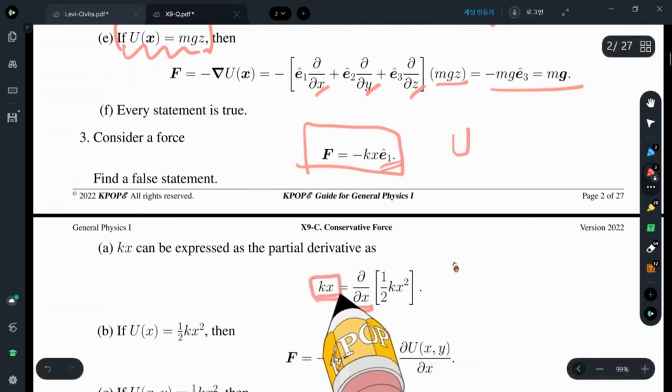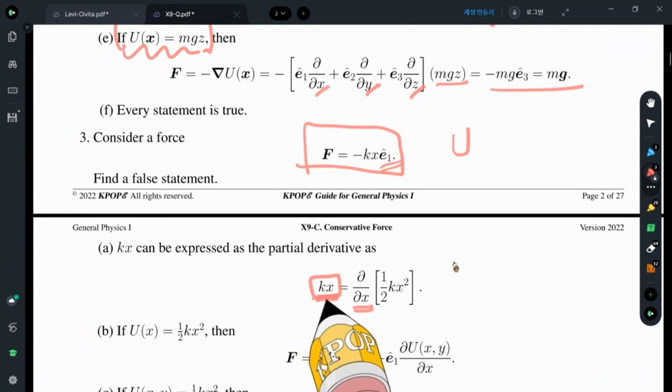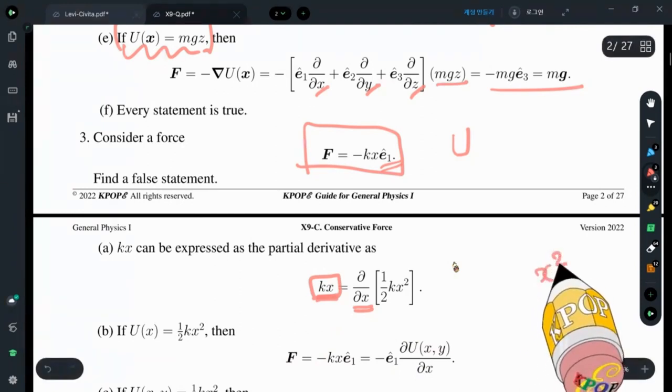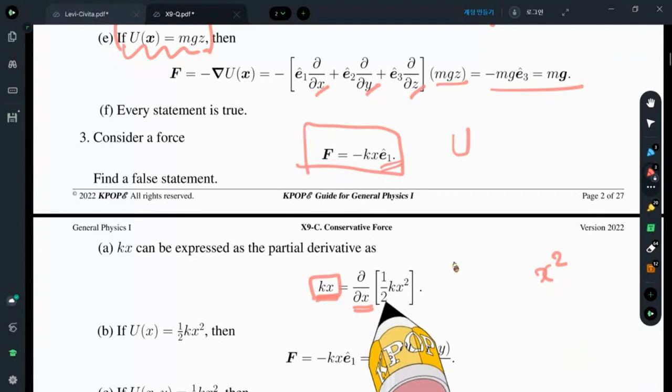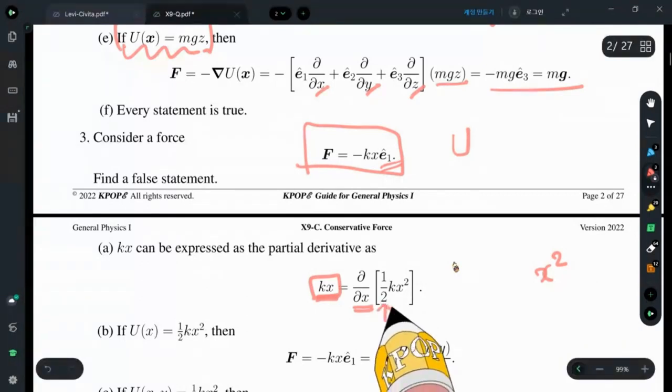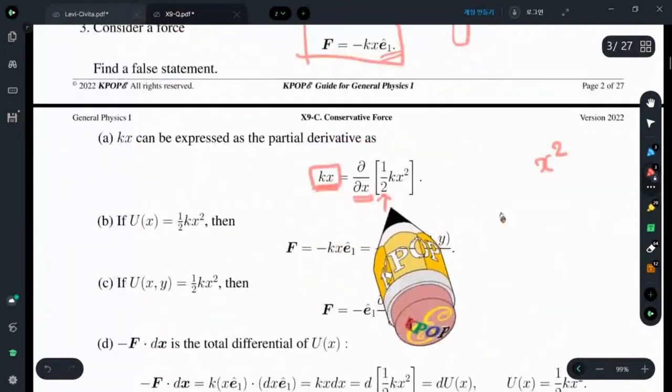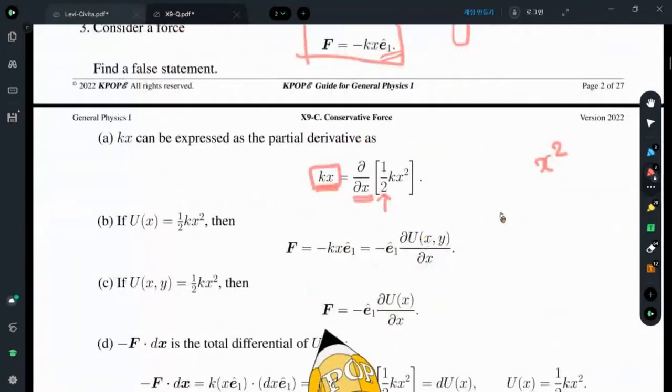So you just remember you can obtain this one by taking the derivative of a quadratic function x squared, right? What you need to do is to find out the coefficient. And in this case, it is trivial matching of the coefficient.